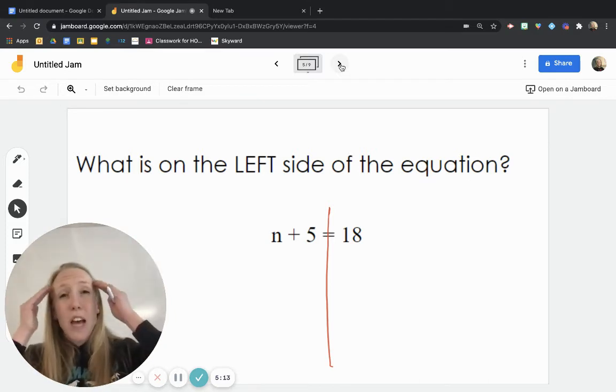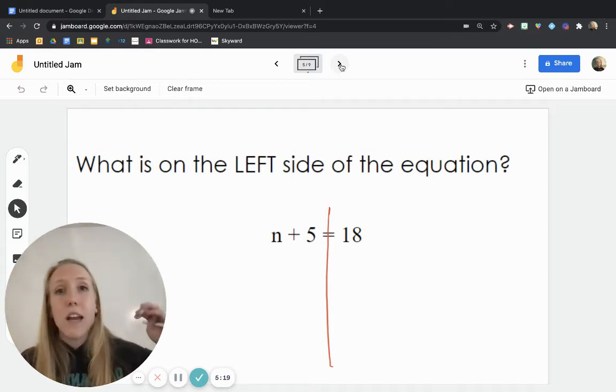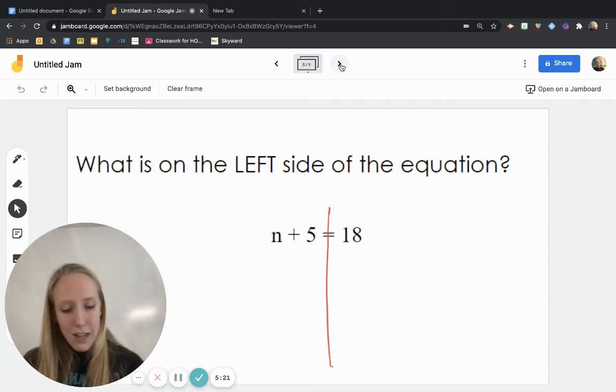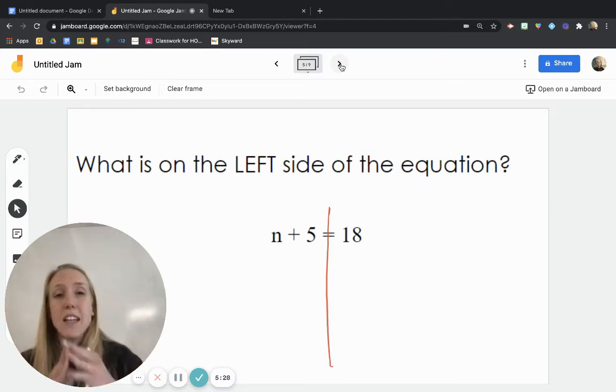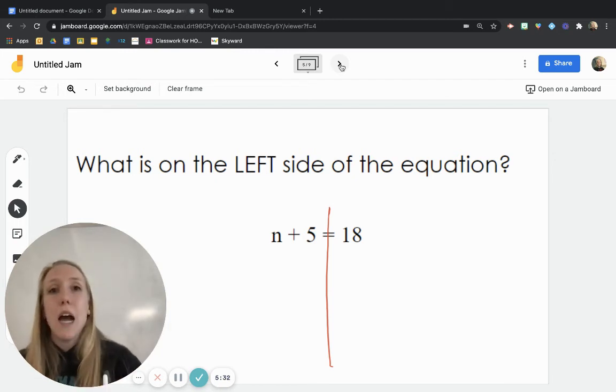I literally imagine that in my head. I even think of it like a fence. I might say, what's on the left side of the fence or the right side of the fence? That fence is the line that separates the two sides. It's the equal sign. The equal sign breaks it into two parts.